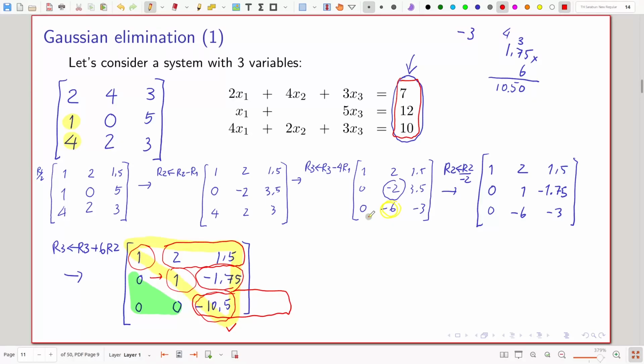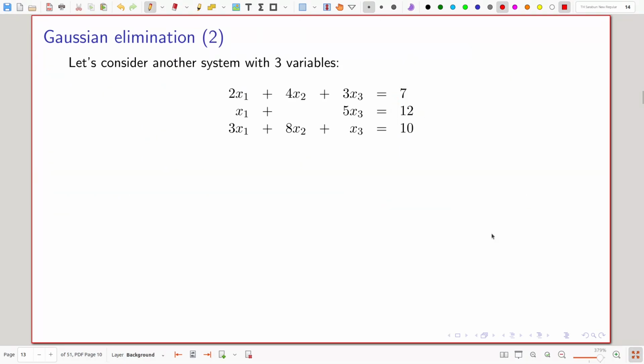Okay, so now let's look at another example in this way as well. So let me write the matrix first. Just look at the coefficient matrix for now. It's 2, 1, 0, 5, finally 3, 8, 1.